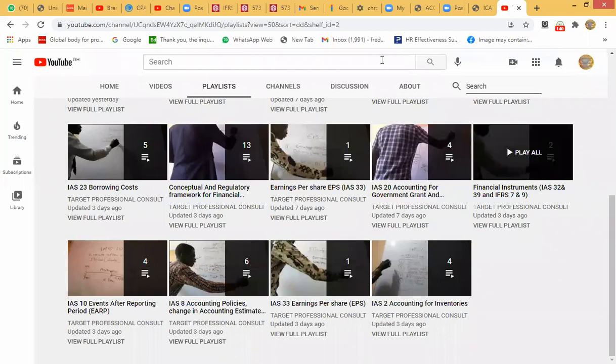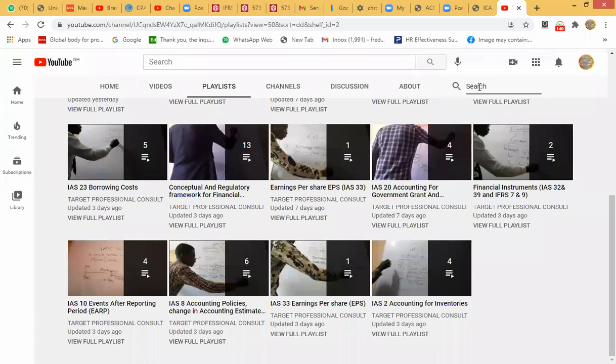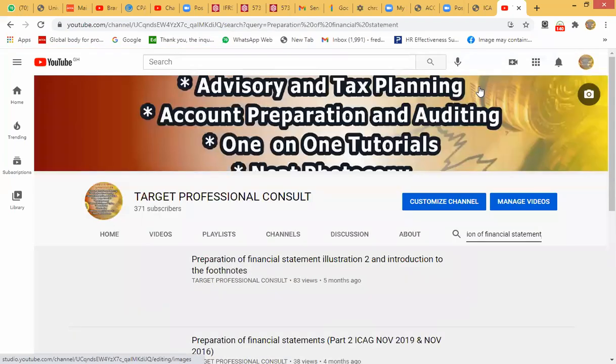So let's search it here. Preparation of financial statement. Enter.